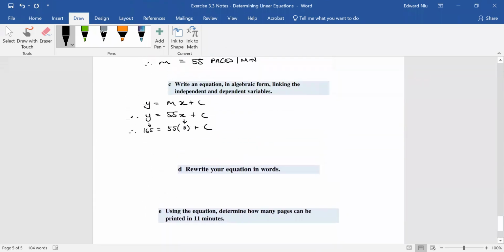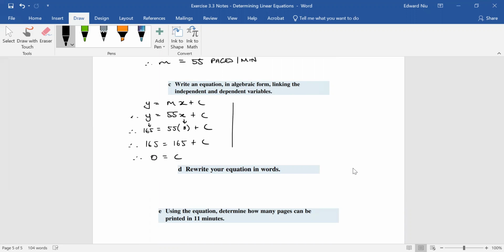So therefore, 165 equals, well, 3 times 55 is 165, plus C. Therefore, if we take away 165 from both sides, we have 0 equals C.